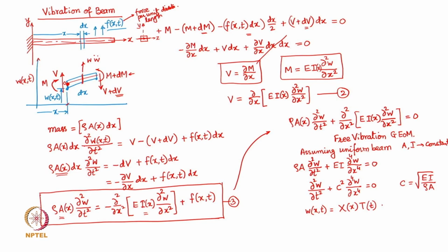Now when we do that, the first term gives us capital X d²T/dt², because this becomes an ordinary derivative now, plus c square d⁴X/dx⁴ equal to 0. Of course, this is to be multiplied by capital T, right?